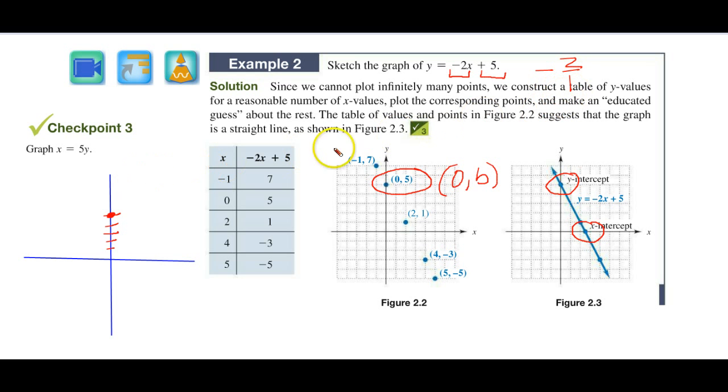There are a number of ways to do it. I'm suggesting that you go over 1 unit, which is your run. Remember, slope is y units over x units. Since it's negative, we're going to go 1 unit to the left and then up 2. And then we make our line.